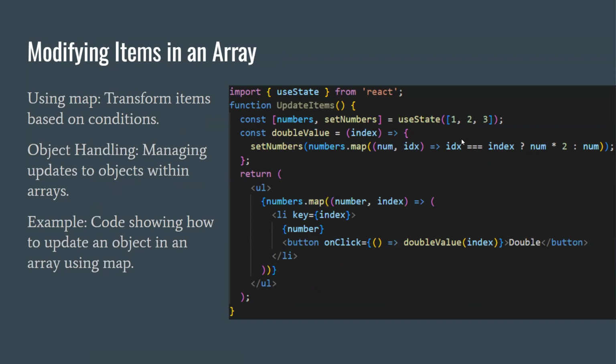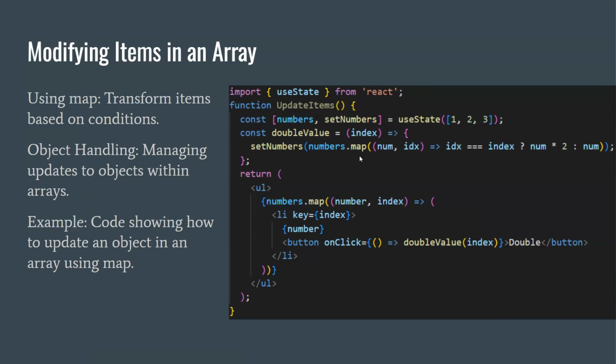Now, let's look at modifying items in an array. Modifying items in an array can be challenging without mutating the original array. So the map function is essential in this case.